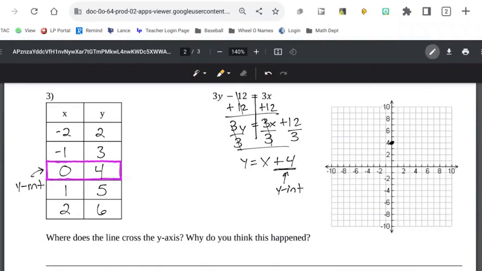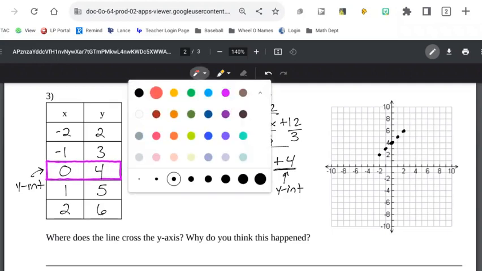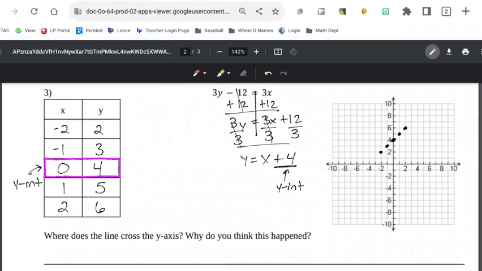We go left 1, up 3. We go left 2, up 2. Right 1, up 5. Right 2, up 6. Take your straight edge, student ID, and let's draw our line. That was better.